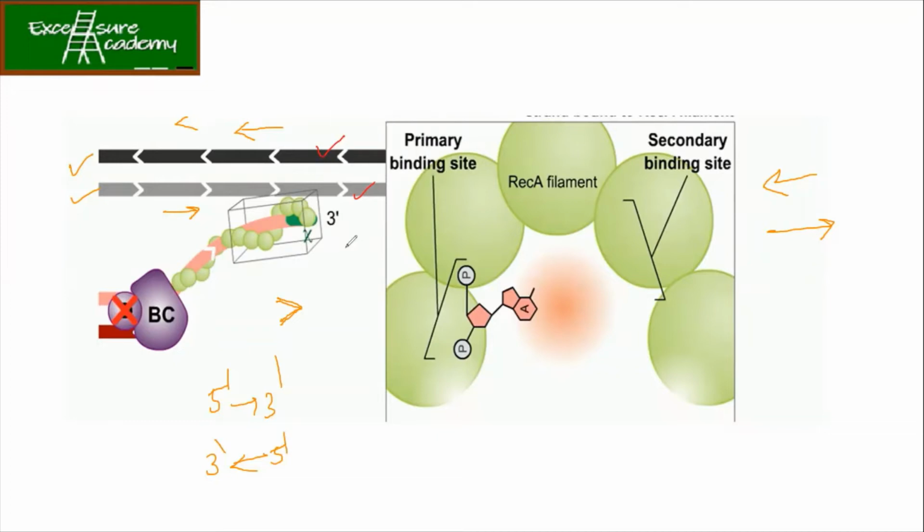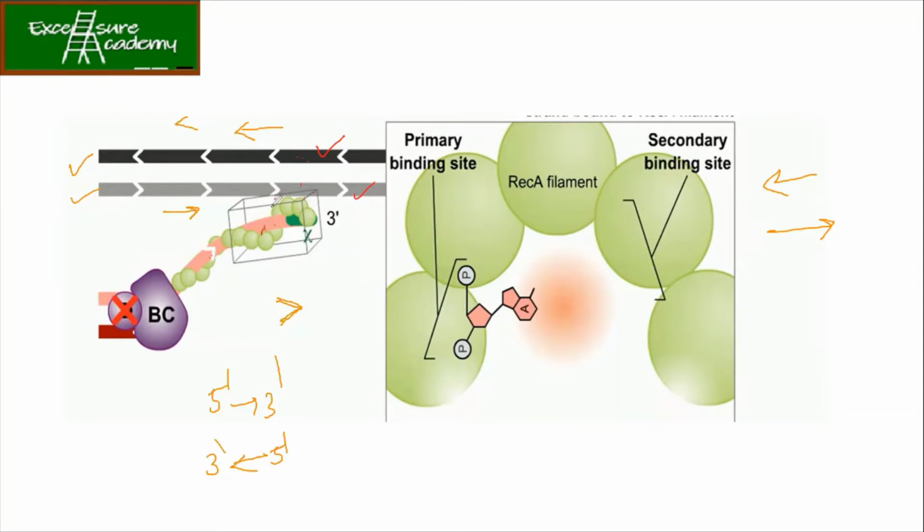So with which strand will it base pair? The pink one. If I remove these two, I'm breaking the hydrogen bonds between the black and the gray strands. Then this pink strand is going to base pair with which strand? Black or gray? Black. Yes, it is black, right?